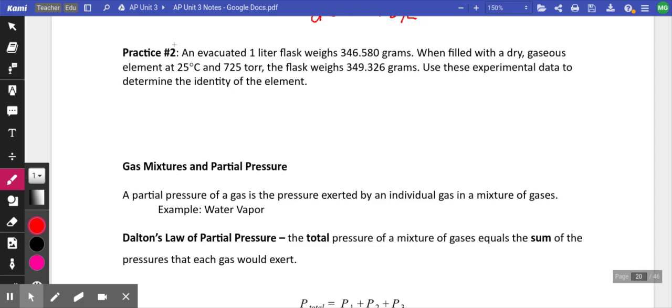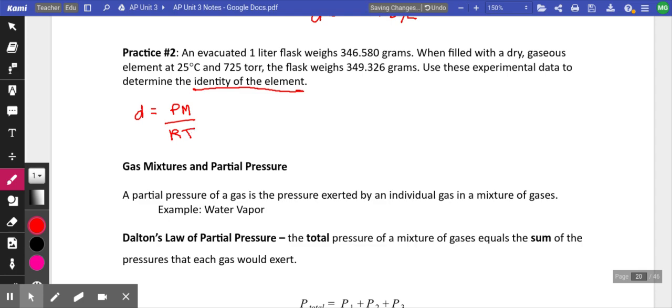If we're determining the identity of the element here, we're really looking for the molar mass. If I look at my density equation, the only thing that will identify my element is the molar mass, so that's what I'm solving for. I'm going to use that density equals PM over RT equation again.